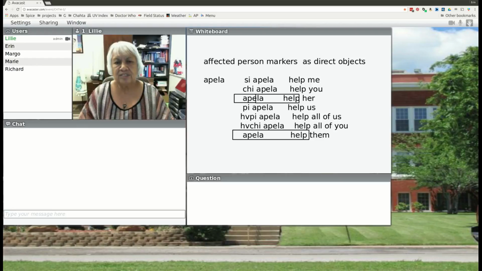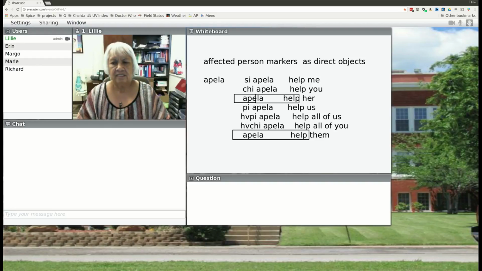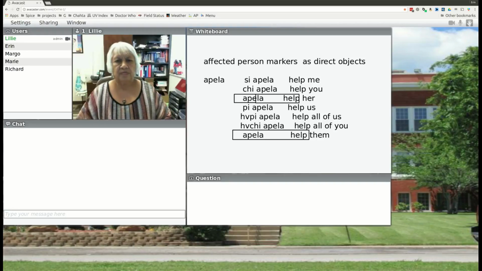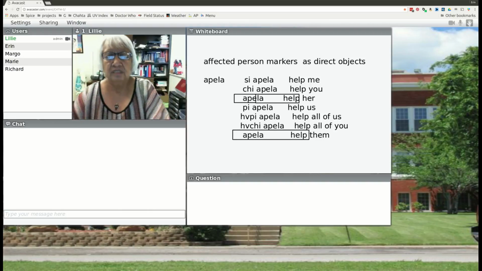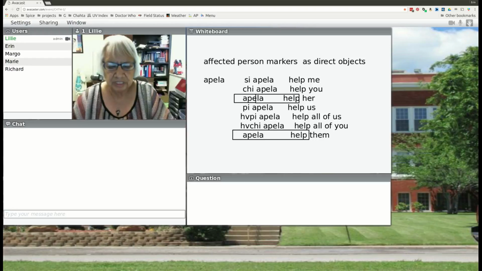The affected person marker as a direct object is not I. You're going to see the affected person marker being affected by the verb.